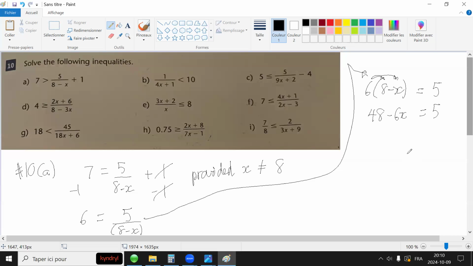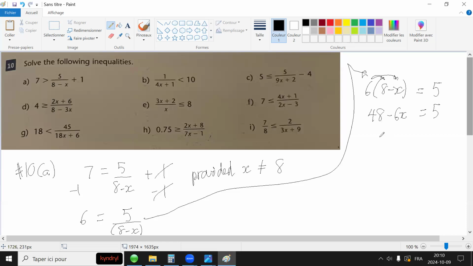Sorry about that. Then I would take care of my constants. I would switch the 48 to the other side, and the 5 to the other side becomes minus 5.